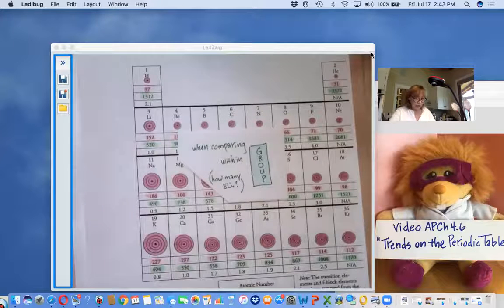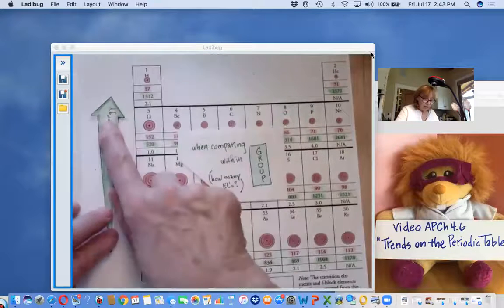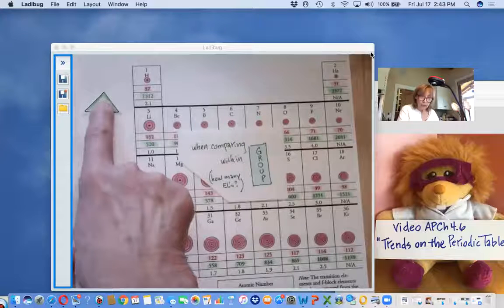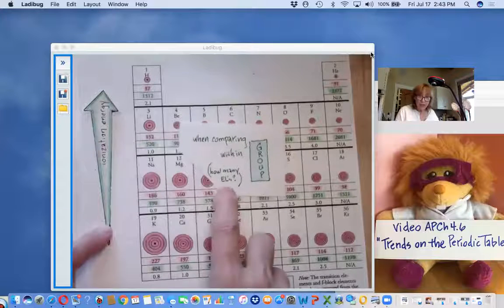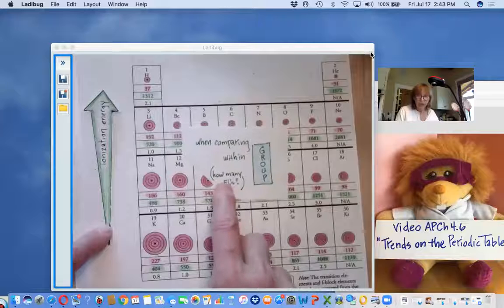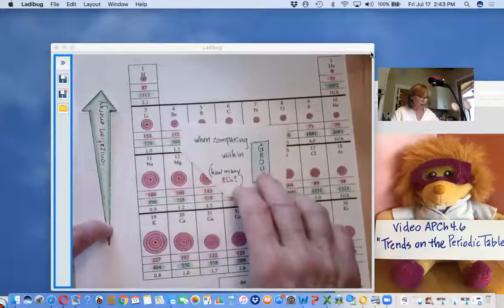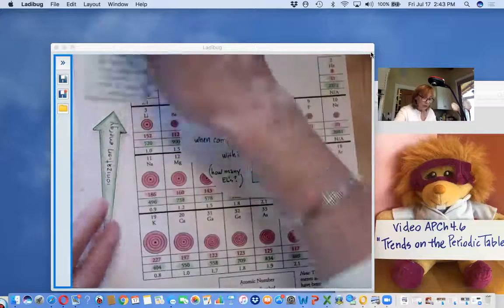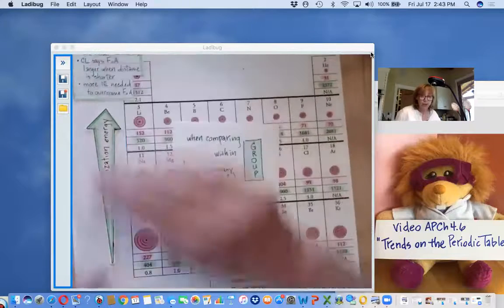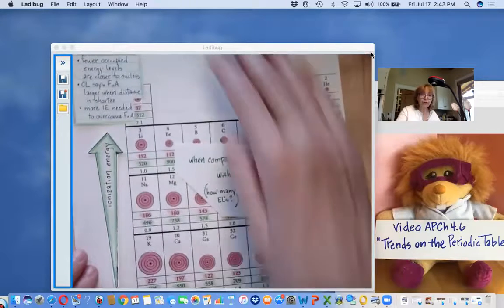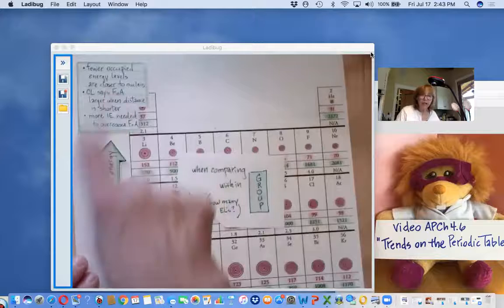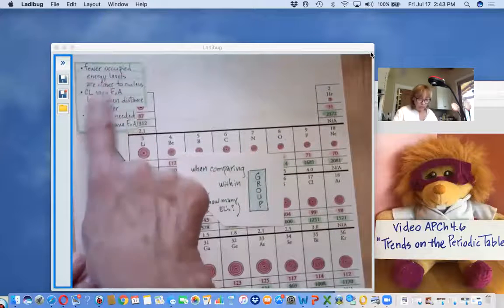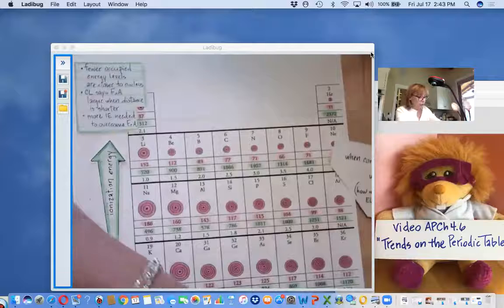Or in other words, ionization energy is greater up at the top. Now this is going to be directly tied to how many energy levels are there. As we go toward the top of a group, there are fewer occupied energy levels. And the fewer energy levels would be closer to the nucleus.